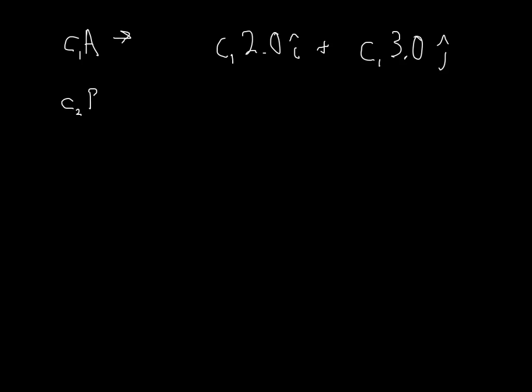I'm going to multiply my C1 into my vector A. So C1 times A is going to give me C1 times 2.0 in the i hat plus C1 times 3.0 in the j hat. C2 times B is going to give me C2 times 1.0 in the i hat plus C2 times 5.0 in the j hat.